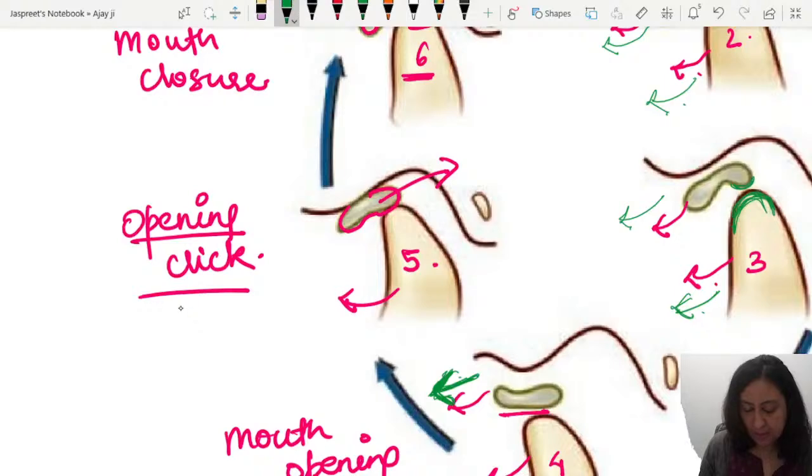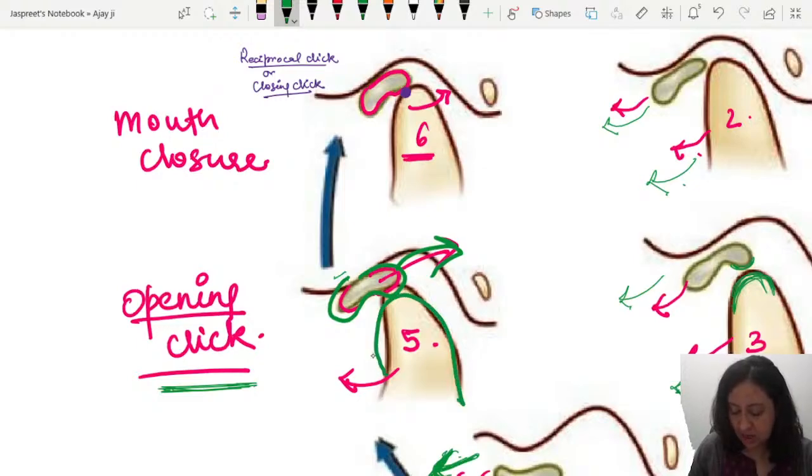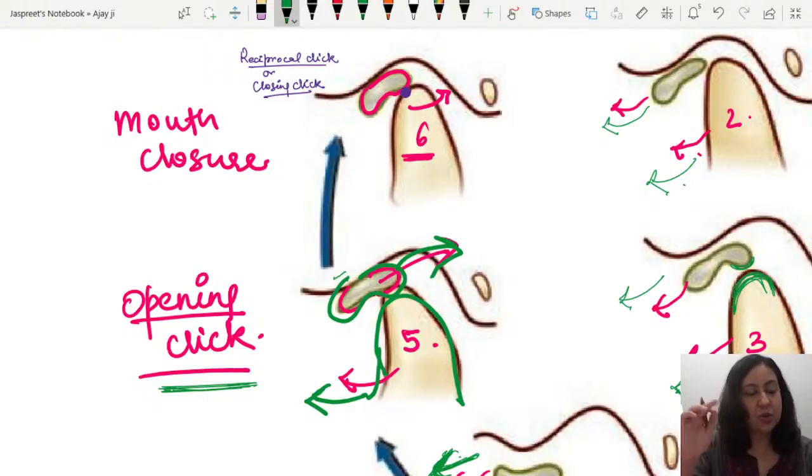Then when maximum mouth opening has been attained, the disc reduces back into its abnormal position in the glenoid fossa, while the condyle is still moving forward. During mouth opening, the disc gets reduced back into its abnormal position, the position it was in during the resting phase in the first figure.